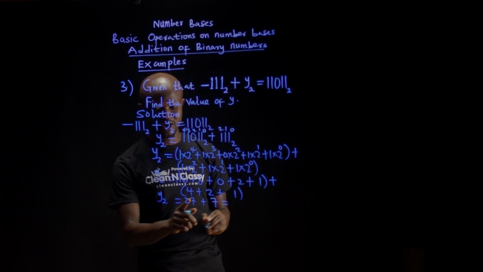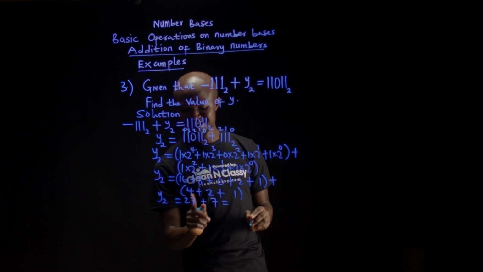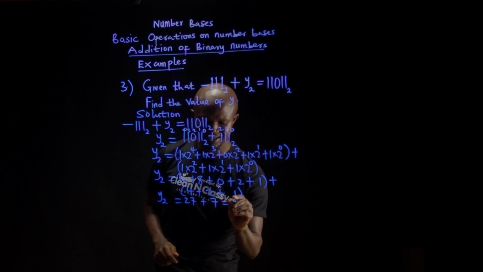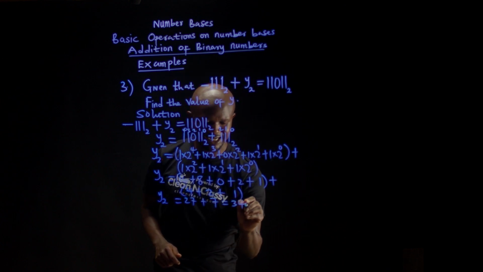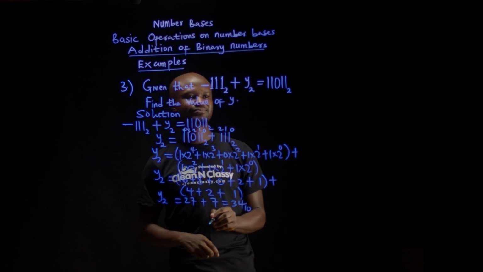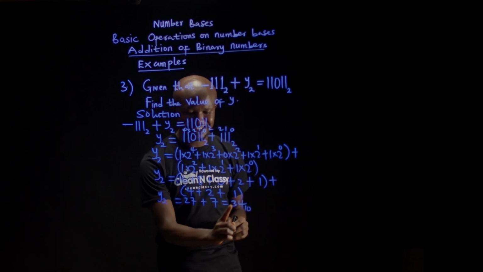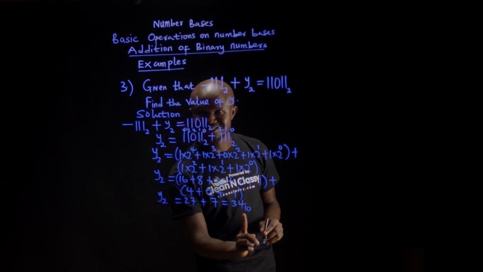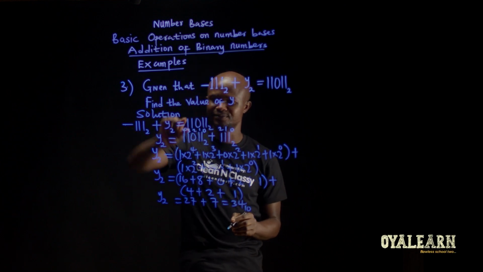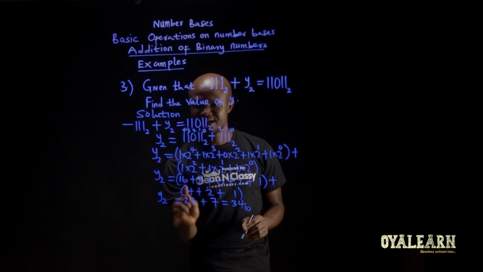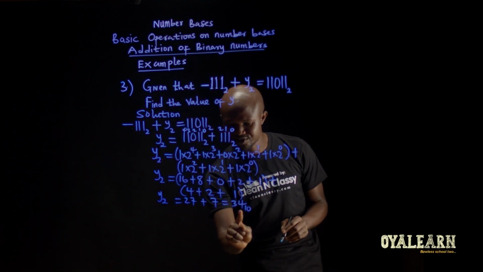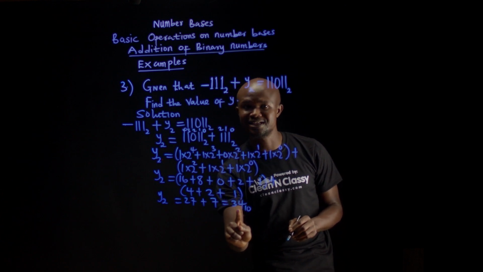So this will give us 27 plus 7, that is 34. And this is in base 10. You can see the addition of these two in base 10 gives us 34 base 10.